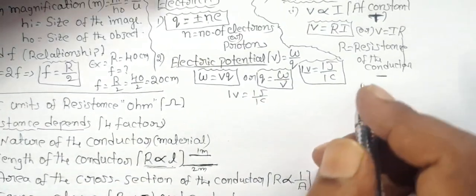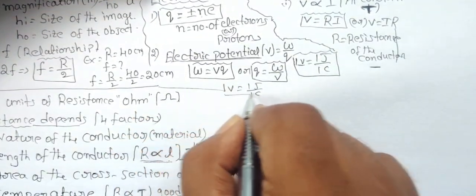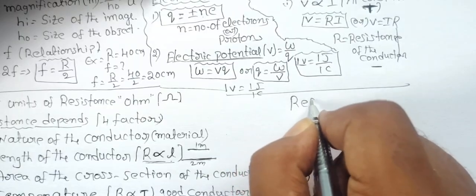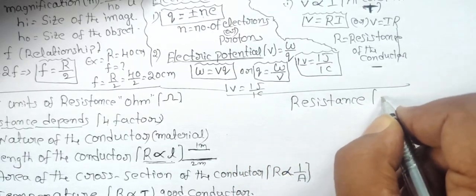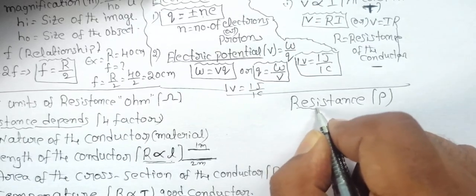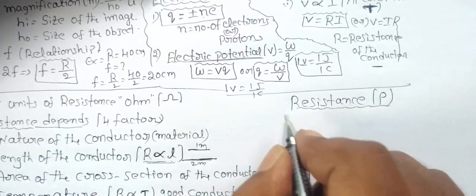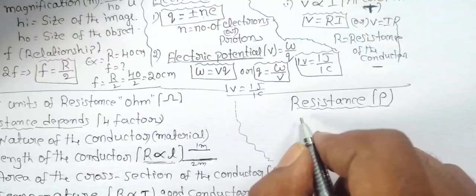Next is the formula for resistivity, very, very important. The resistivity symbol is rho.